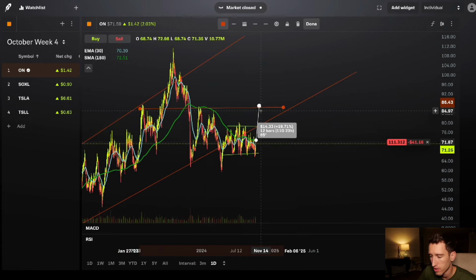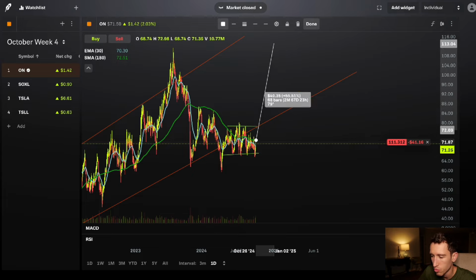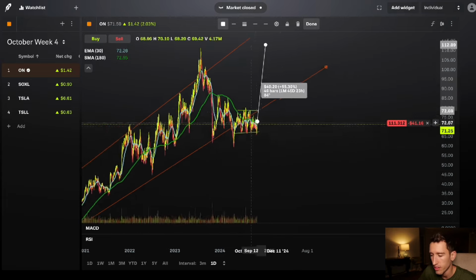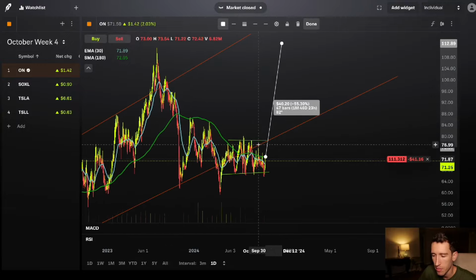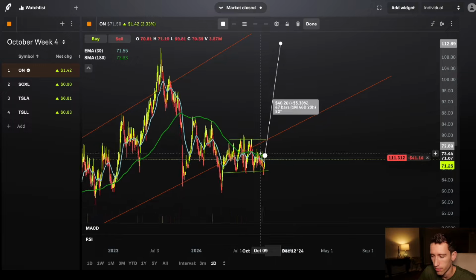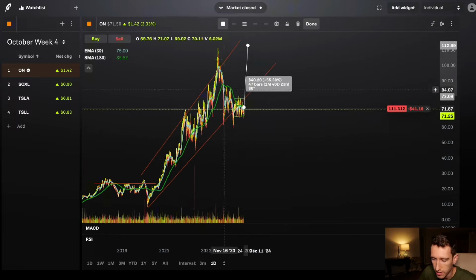So the 19% potential. Now, what if we saw it get back to previous highs? If we saw it get back to previous highs, we could be looking at a 55% increase. So this is a critical time where we could monitor the EMA, see if it's going to push up above and use that EMA as a support, and if we're going to see that overall direction continue the way that it's going.